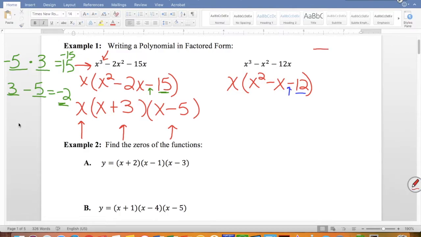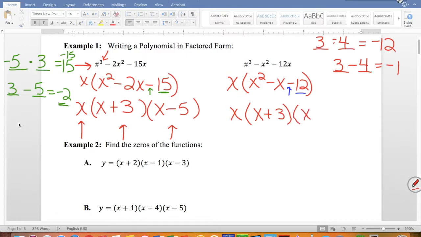So we're looking for 2 numbers that multiply together to get -12, so factors of -12 that have a difference of -1. I know 3 times 4 is 12, and I know that 3 minus 4 gives me -1. So that means my 4 is negative, my 3 is positive. So I'm going to break this into x plus 3 times x minus 4.